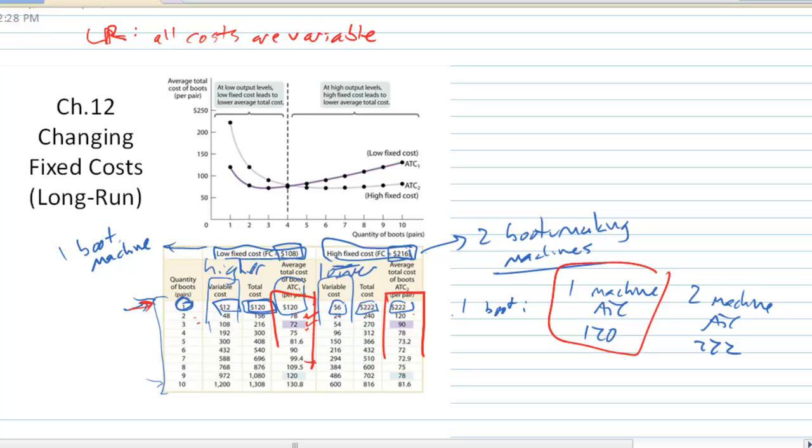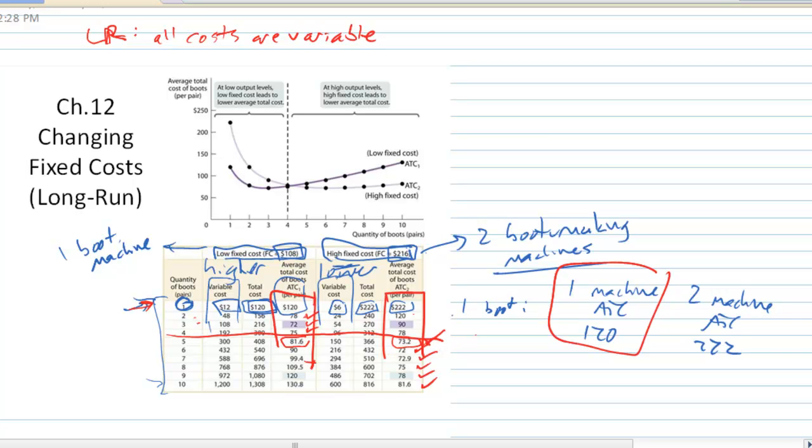With 4, it's the same. 1 machine's better. And with 5, now it flips. Once you produce the 5th boot, now you have a lower average total cost with 2 machines because of the efficiency you gain than you do with 1 machine. That's going to keep being true all the way down.